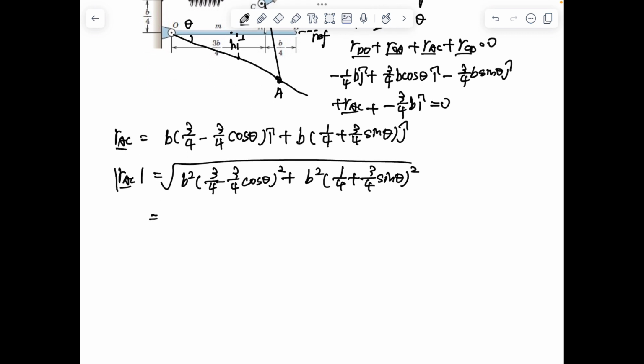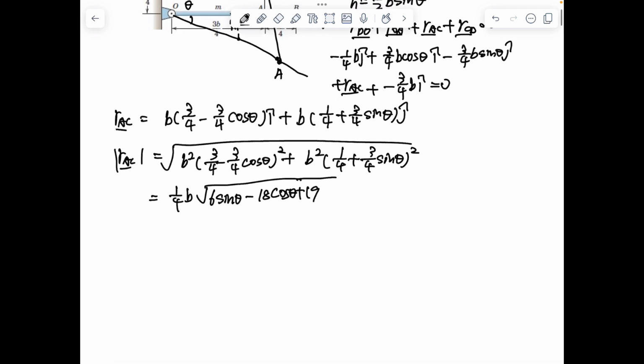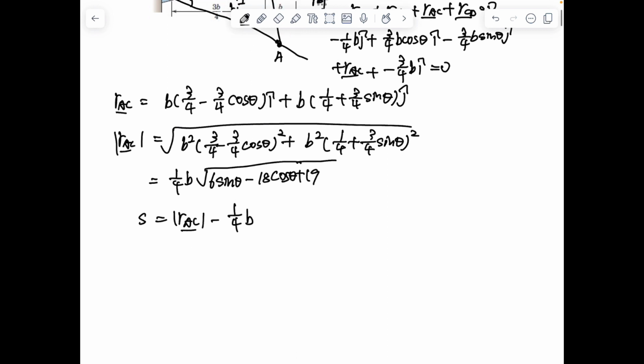So this is equal to 1 over 4 B times the square root of 6 sine theta minus 18 cosine theta plus 19. Then S is equal to RAC minus 1 over 4 B.